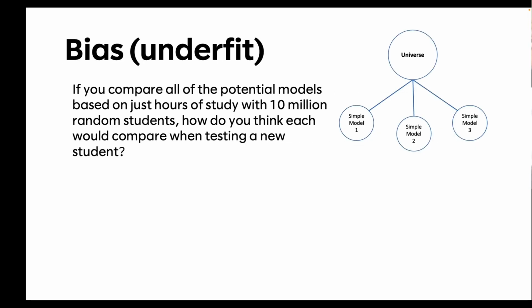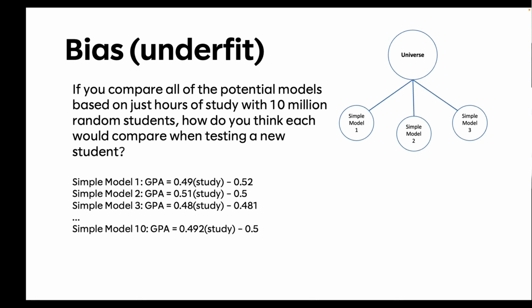If you think about this situation where you take a representative sample of 10 million, 10 million, 10 million, and then you build these simple models by asking only that one question, and also the GPA, because you need to be able to train it with the answer, then you're going to end up with a y equals mx plus b, where GPA equals a weight of 0.49 or 0.51, very similar numbers.